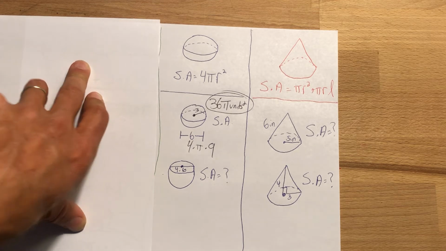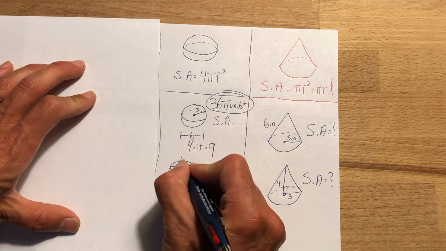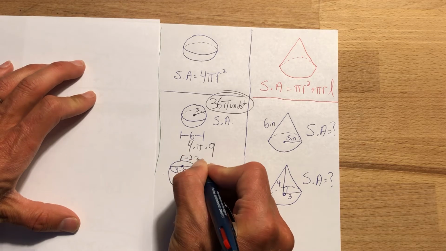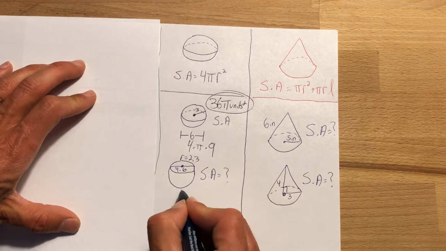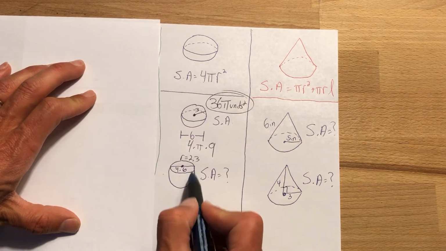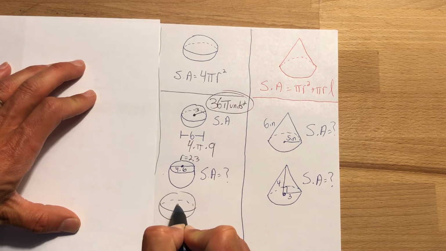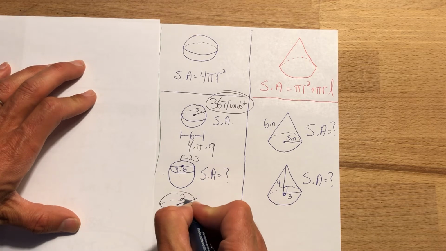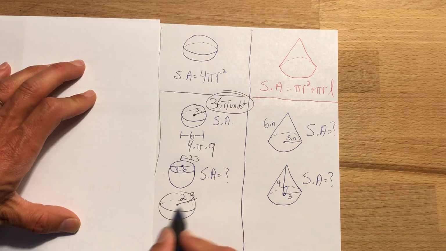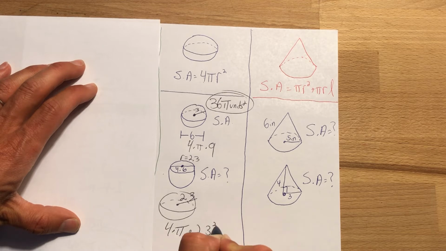All right, so if you paused it, this is probably what you guys did. You probably found the radius is equal to 2.3, which is fine. And I'm going to pretend I have a full sphere with a radius of 2.3, and then I'm just going to divide my answer by 2. So 4 times pi times 2.3 squared.